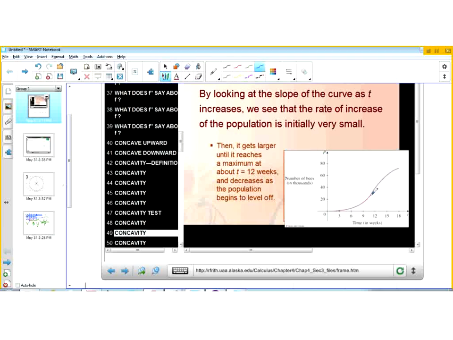But the slopes get larger until it reaches a maximum at t equals 12. So the slopes of the tangent lines get larger and larger until t equals 12 weeks. And then after 12 weeks, the slopes of the tangent lines begin to level off. So the slopes of the tangent lines start to level off at t equals 12.